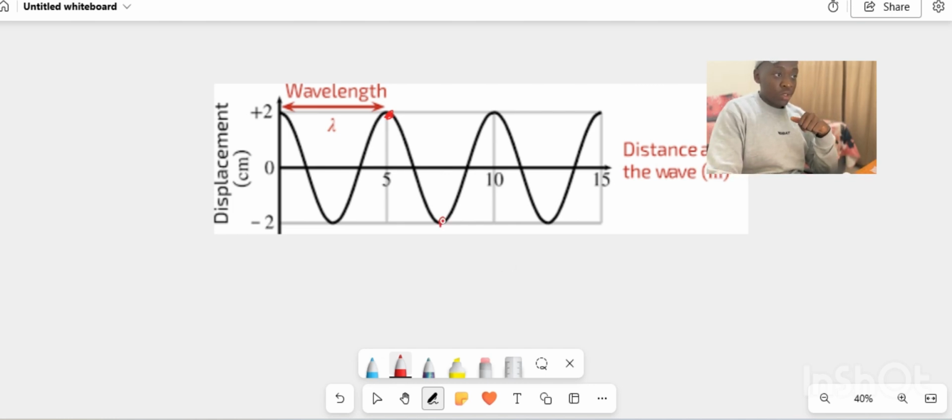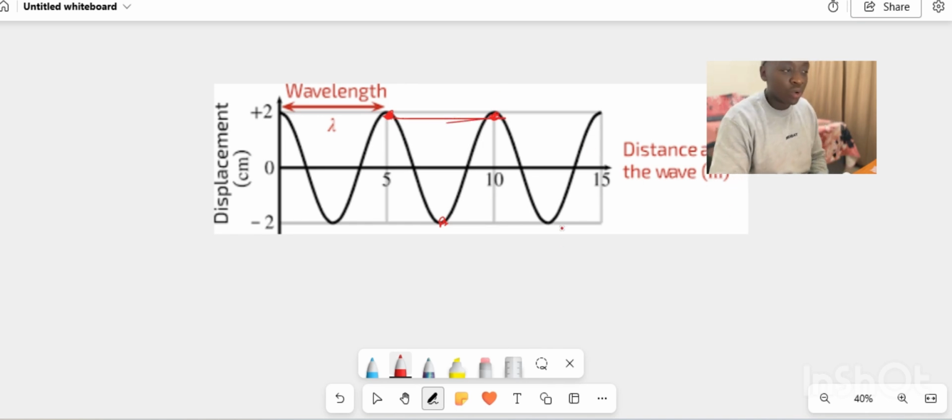Remember that in order to form a wavelength, you must have two successive points that are in phase. So this first crest, the top of the mountain, and this second crest, the top of the mountain, are following each other. I mean, they're successive points, and they're automatically in phase because they're following each other. So the distance between here and here is going to give us the wavelength.